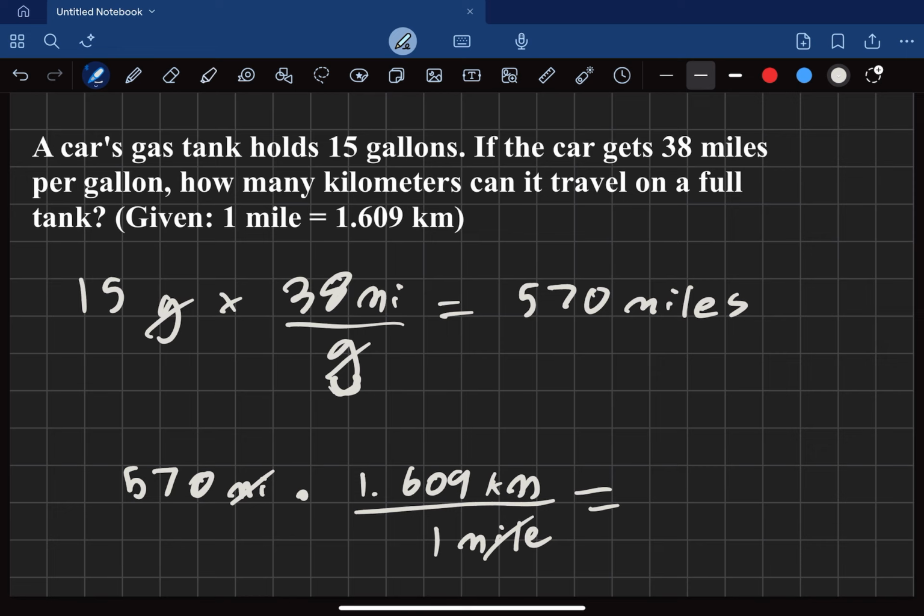So 570 times 1.609 is equal to 917.13. Given that we were told our information using two significant figures, we are going to report to two significant figures. So this will be rounded to 920.